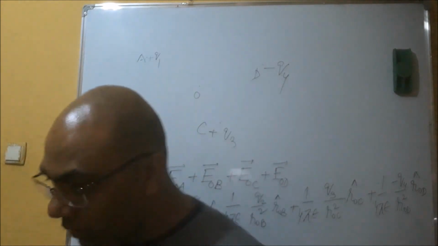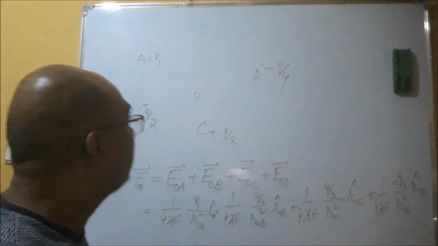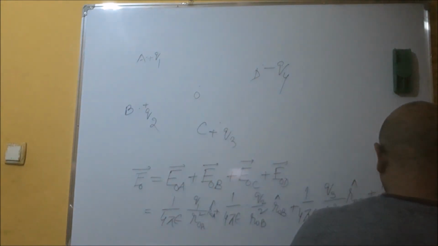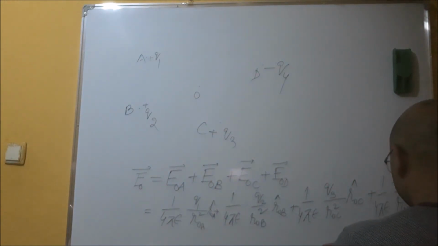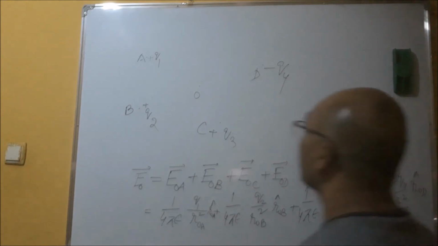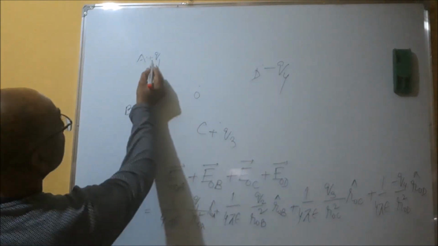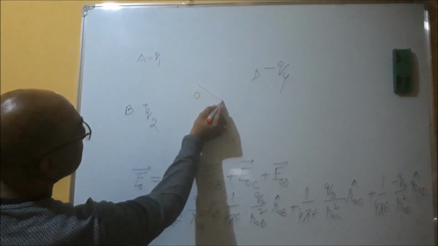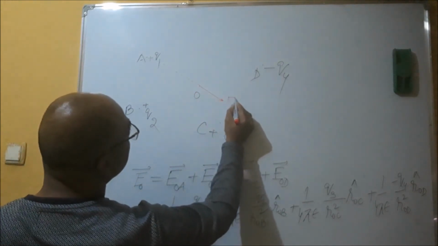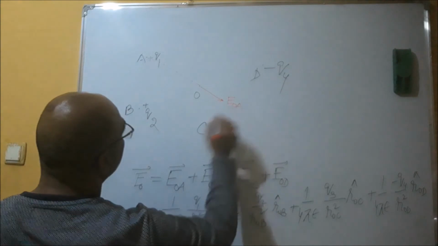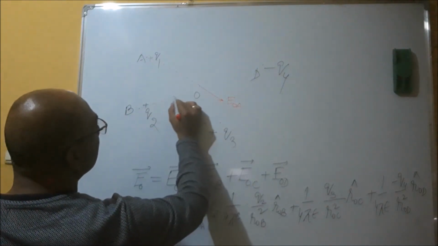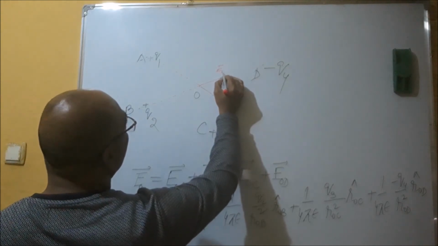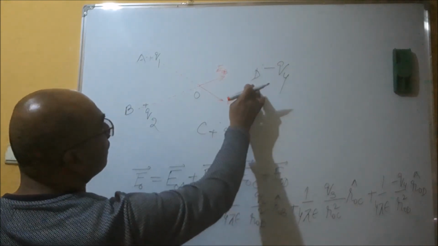Right? This is okay. So if I want to draw the lines, how can I draw them? See, this will give the electric field in this direction, so this will be E_OA. This will give it in this direction, E_OB.